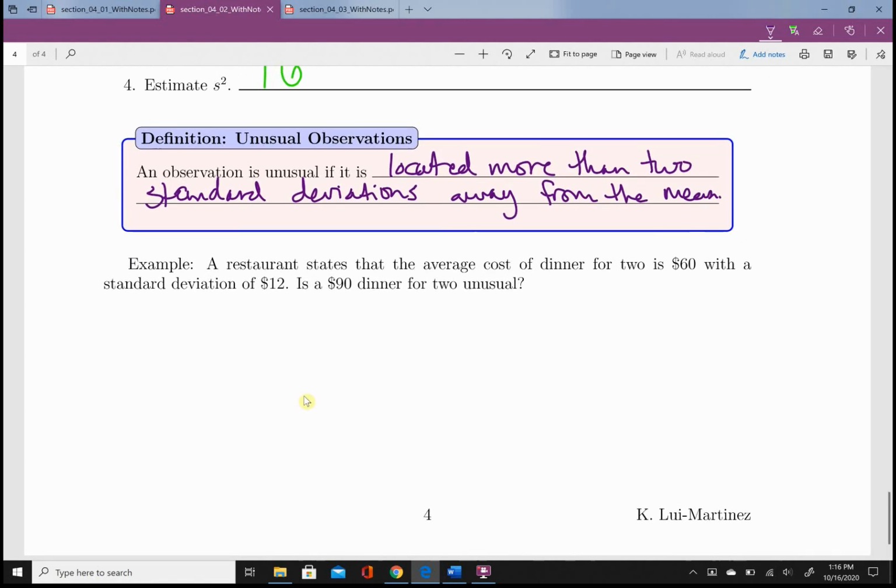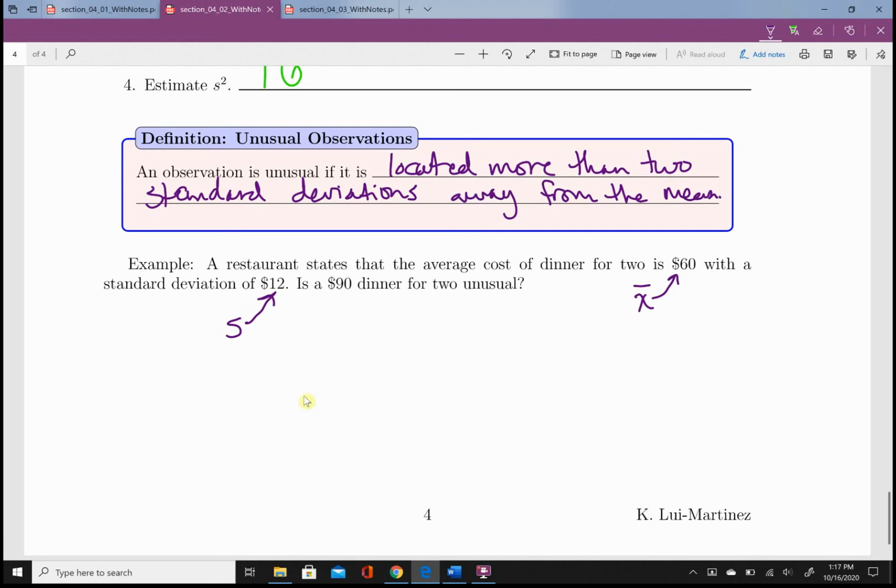So let's entertain this last example in the midst of this definition here. It states, a restaurant states that the average cost of dinner for 2 is $60. So this is your X bar, with a standard deviation of $12. Is a $90 dinner for 2 unusual?